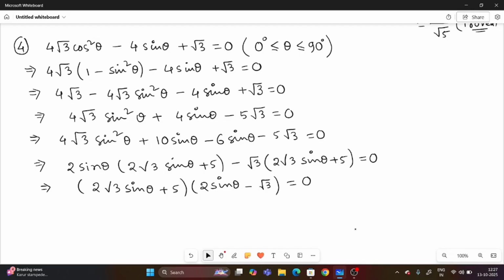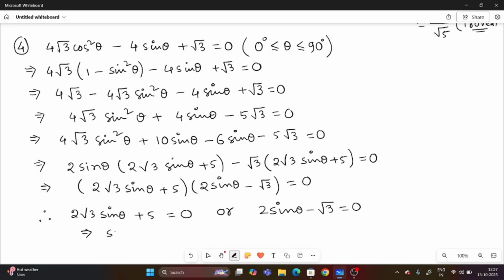So the product of two factors is 0. That means either the first one is 0 or the second one. So 2 root 3 sin theta plus 5 equals to 0, or 2 sin theta minus root 3 equals to 0.